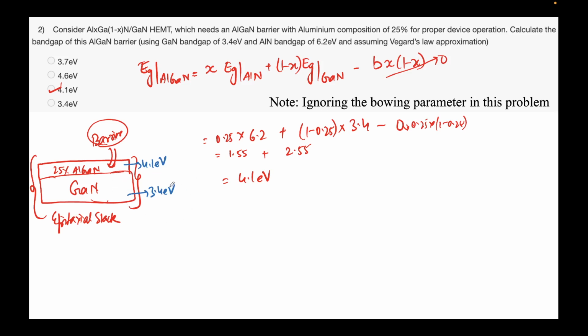If you recall the p-n junction in silicon, in that both sides are silicon. This is known as a homojunction. Homo means same, junction means two semiconductors are coming together. This 25% AlGaN to GaN is a heterojunction.